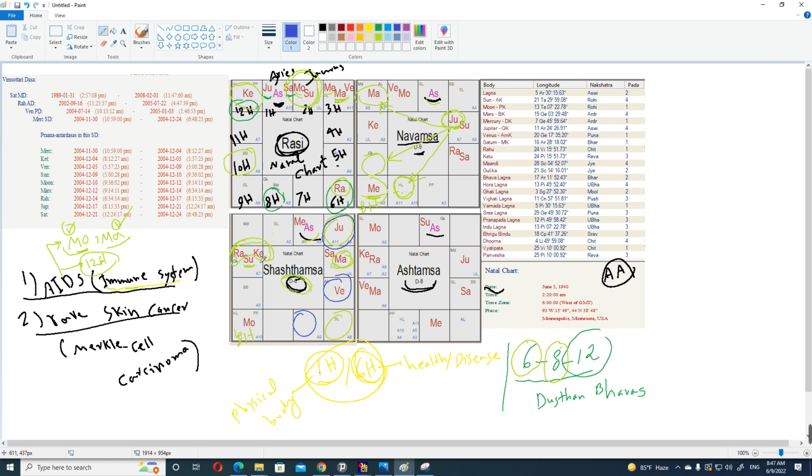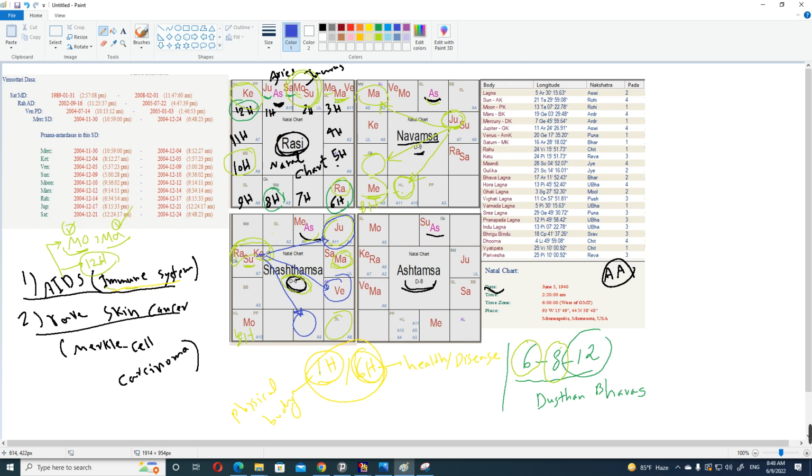Then these nodes are aspecting these houses. You can see. Then you can see Jupiter, the ruler of the 12th house of the main chart, in D6 is placed in Gemini under the aspect of both nodes.